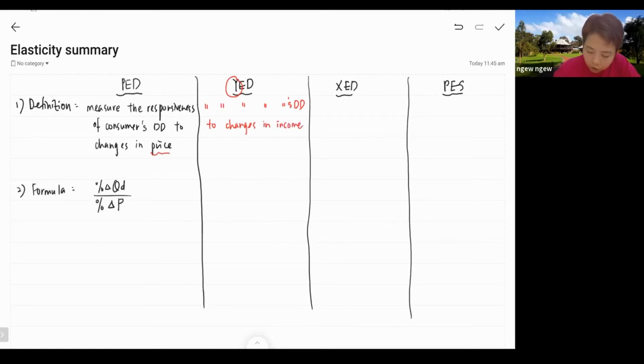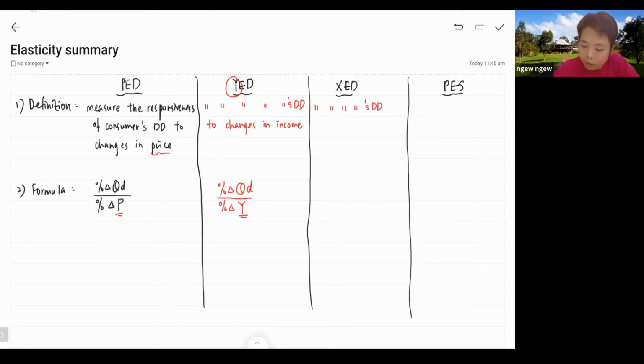So you're just changing the variable. Likewise, in terms of formula, it is consumer demand, but this time to changes in income instead of price.